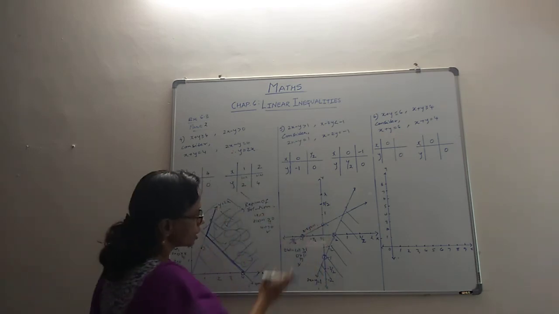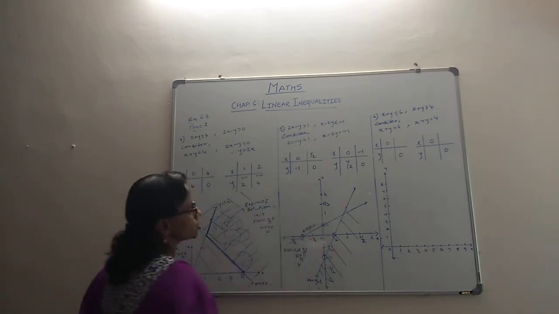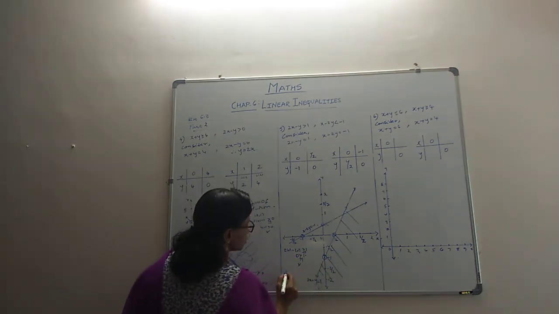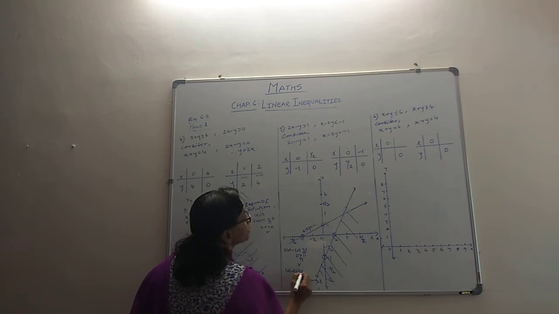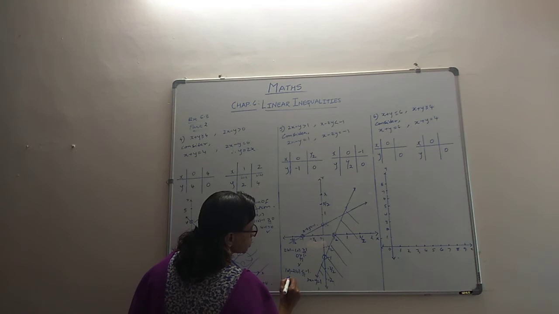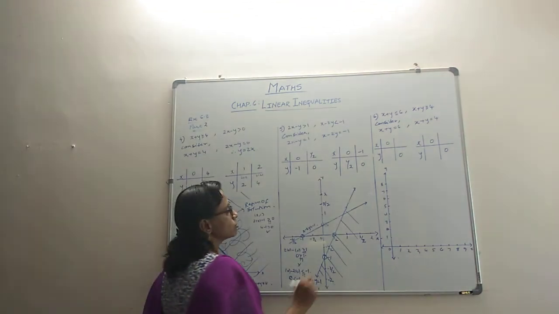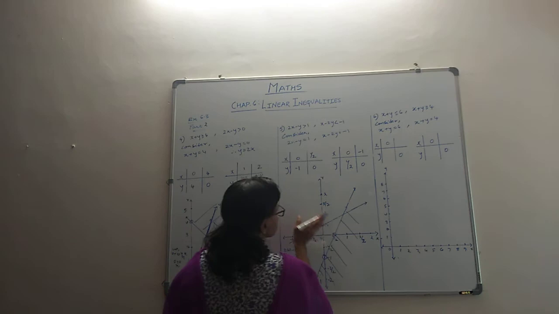Now we have to check the region, whether it is the bottom region or the top region. So for that we will be substituting zeros. So 0 minus 2 into 0, whether it is less than minus 1. So it is 0 minus 0, that is 0 itself. Is 0 less than minus 1? No, that's not true. How can 0 be less than minus 1? So this part, the top part, is not the solution.